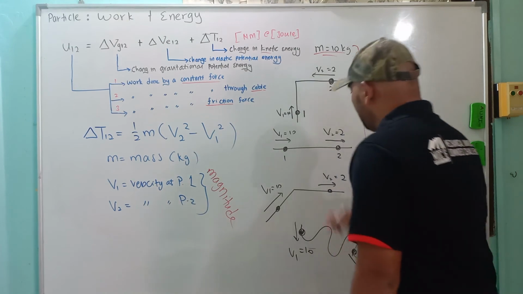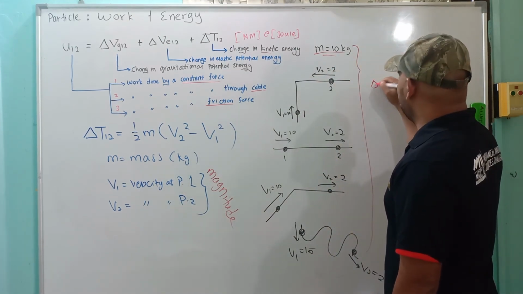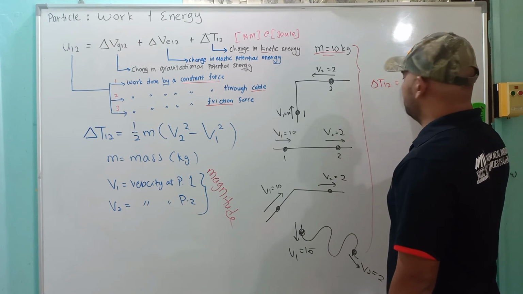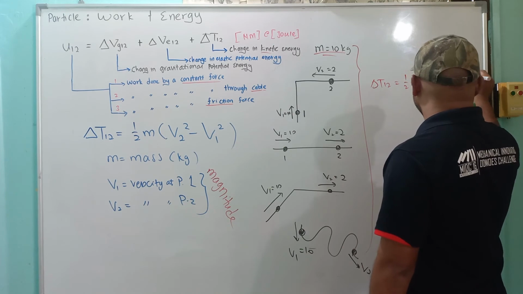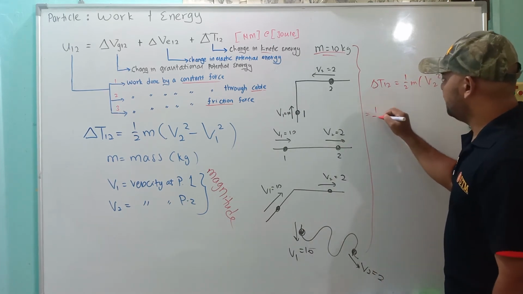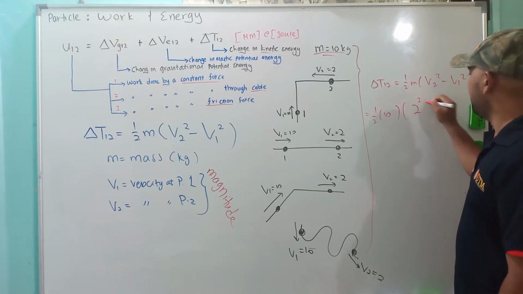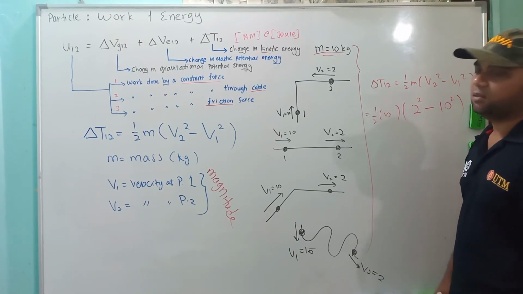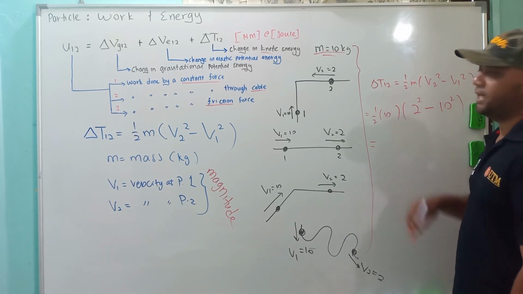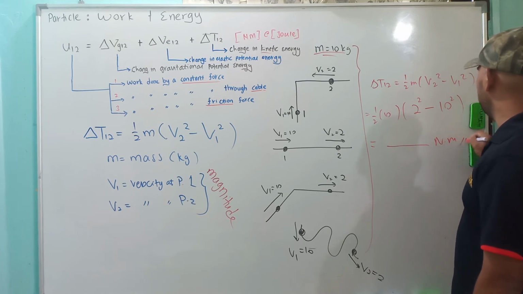So all these 1, 2, 3, 4 cases, the delta T12 equal to half m V2 squared minus V1 squared. So it will become equal to half times 10 times 2 squared minus 10 squared. Okay, so it will be negative something, in Newton meter.